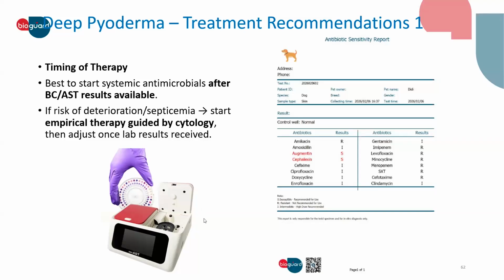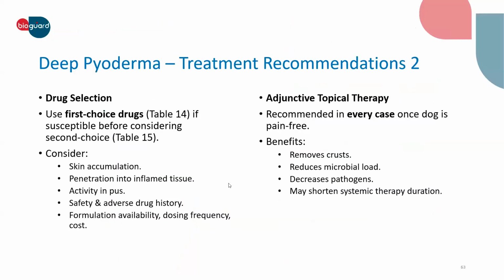Or you can consider the in-clinic mini AST, because in this system you can get a result usually within 1 day and get a suggestion of whether the bacteria is susceptible, intermediate, or resistant to specific antibiotics, which is better for making the treatment plan for this patient.